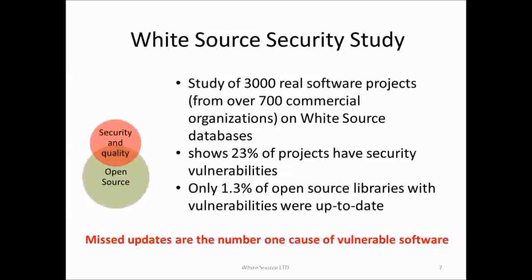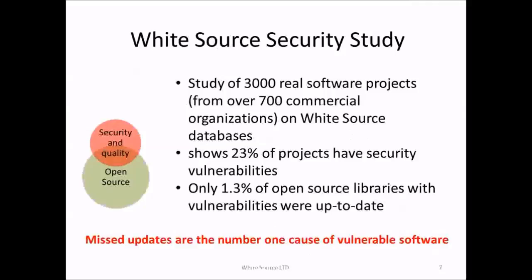We've done a study on our own database, which by now has over 3,000 real software projects from over 700 commercial organizations that develop software. And we found that in 23% of the cases, you have open source libraries that have known security vulnerabilities.